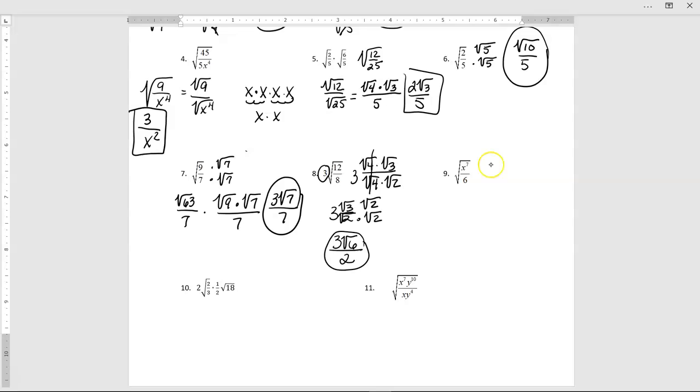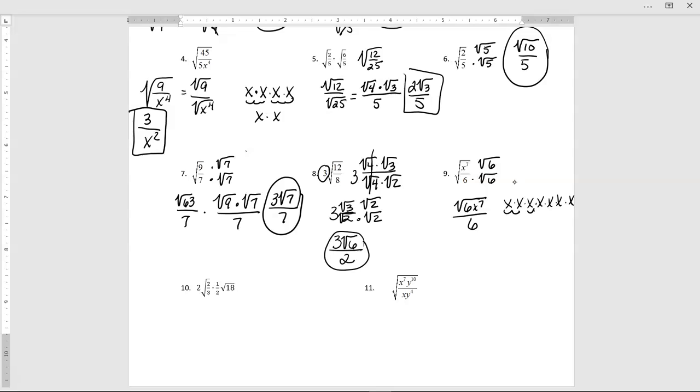Number 9. No perfect square factors. I guess I could pull the x out, but I'm going to wait. So I'm going to multiply this by the square root of 6. I'm going to rationalize that. So I have the square root of 6x to the 7th over 6. Now that x to the 7th is really 3 pairs and an oddball.